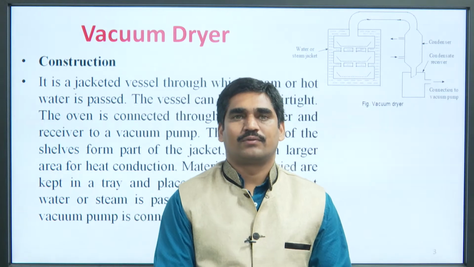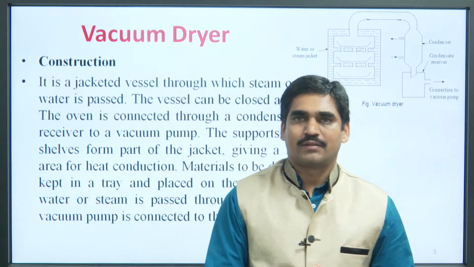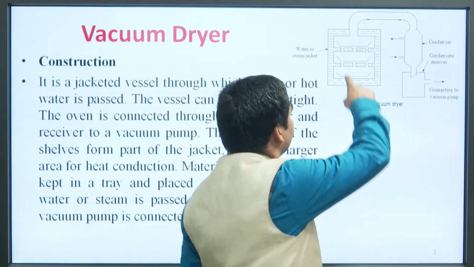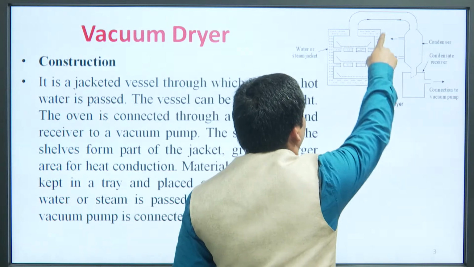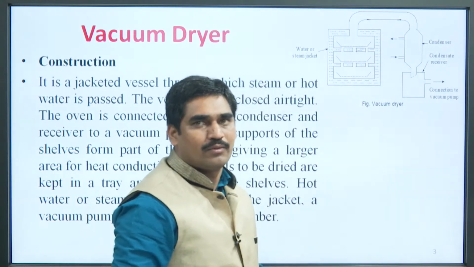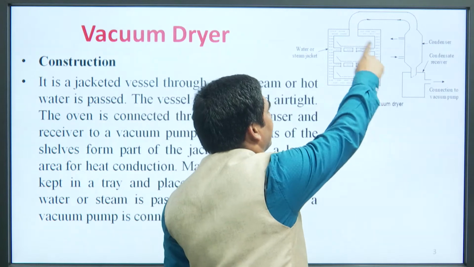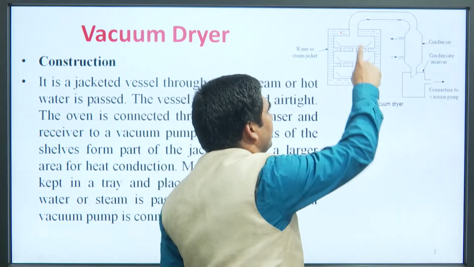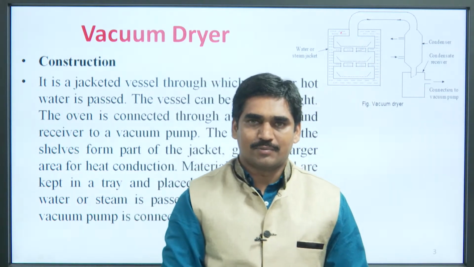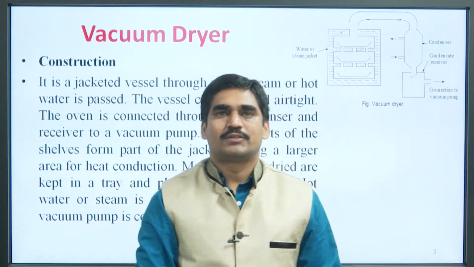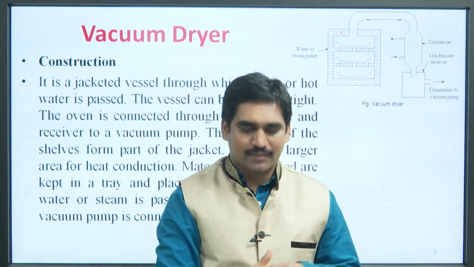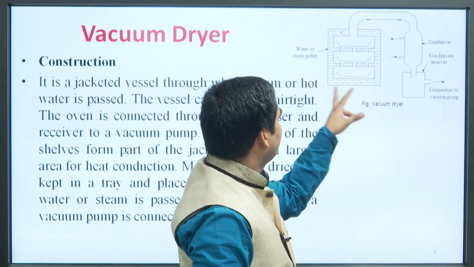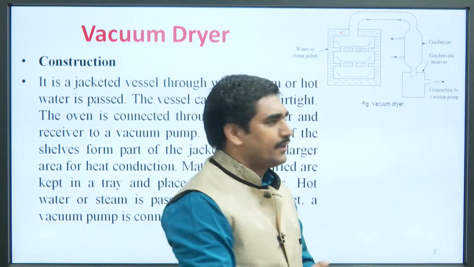Now, the construction of the vacuum dryer. First, it is a jacketed vessel, as you see in the diagram. This is the main vessel of the vacuum dryer, and it is jacketed. Steam or hot water is passed in this jacket. The vessel is a tight closed container.